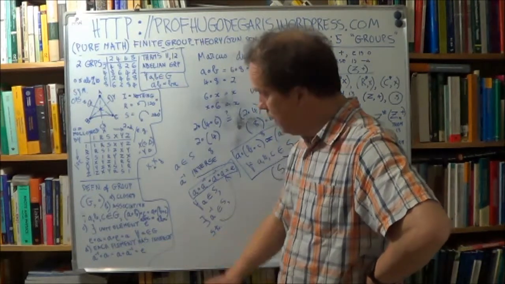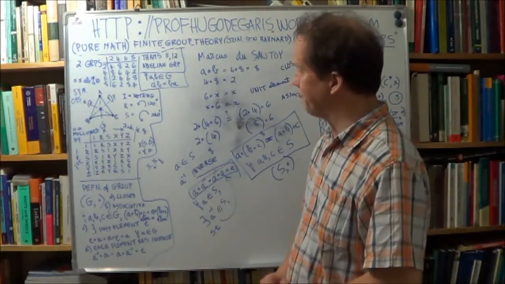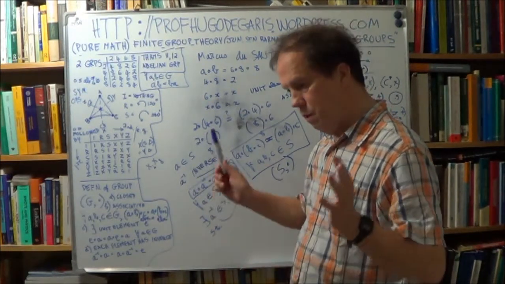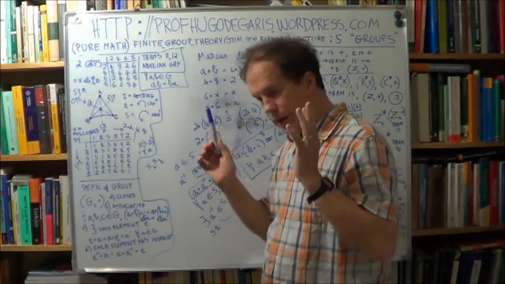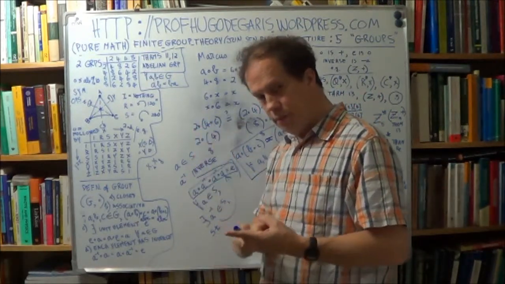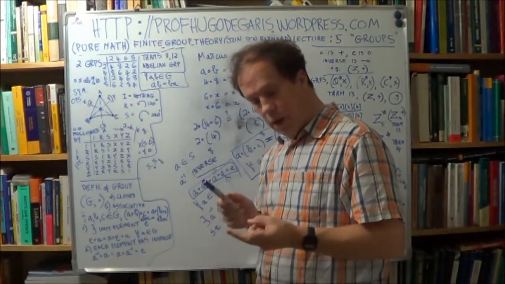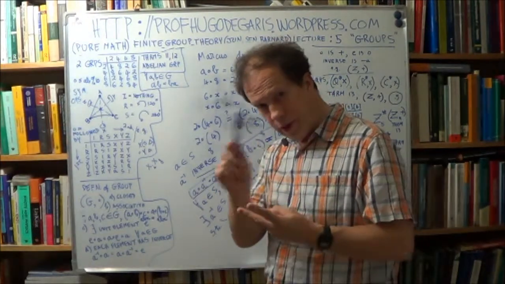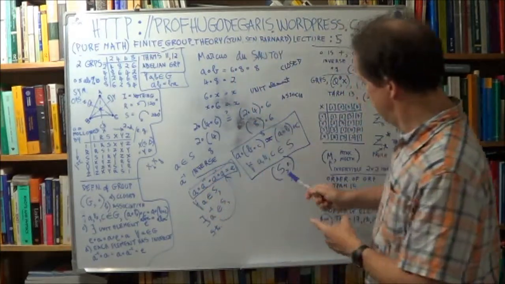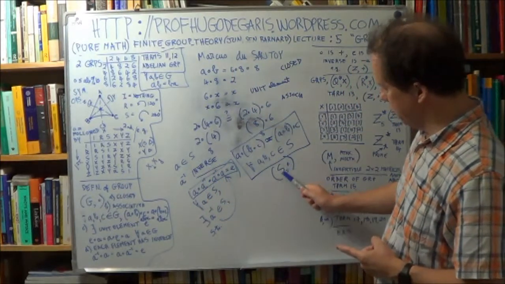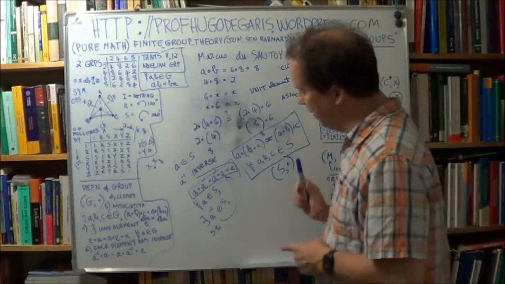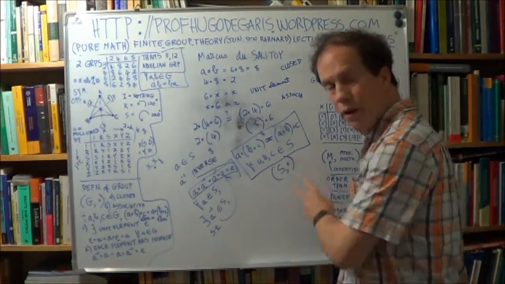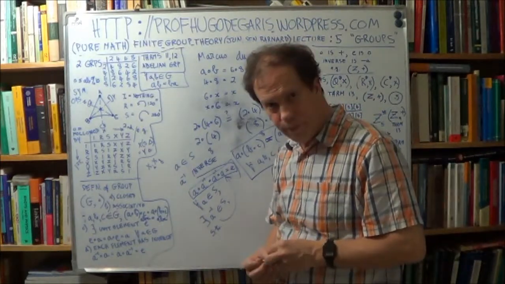Okay? Alright. So if you're given a set and its binary operator, how would you go about testing whether that pair, that duo, S, the set, and its binary operation, S little circle, if you like, is a group?